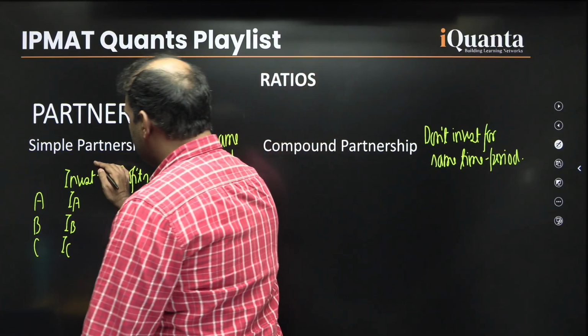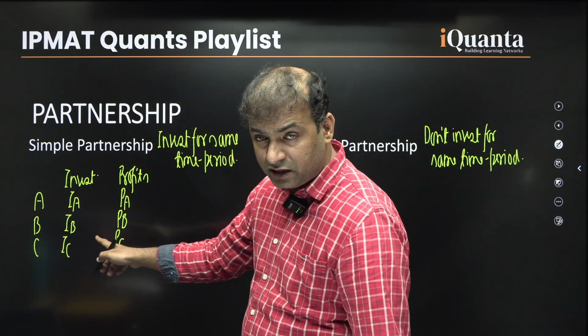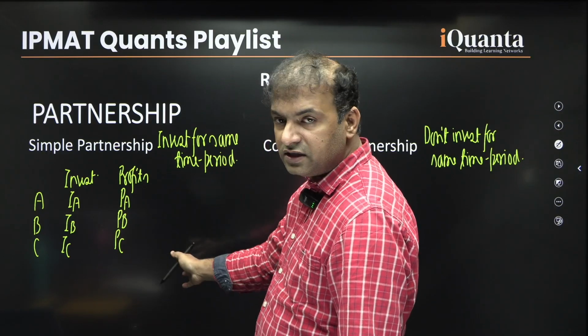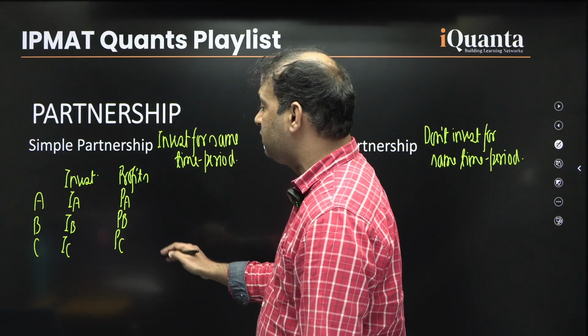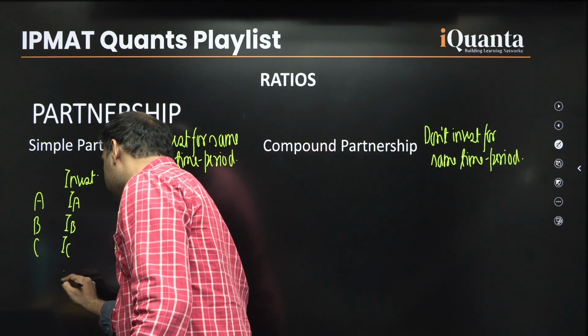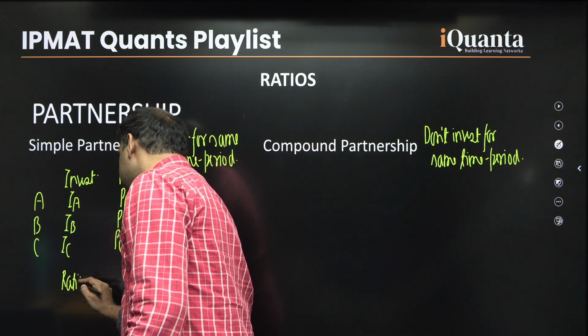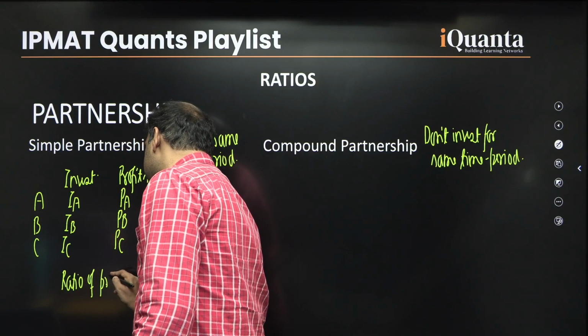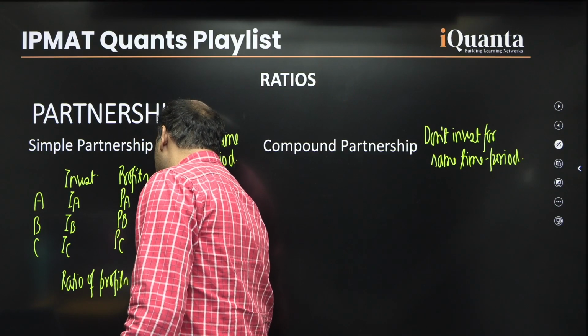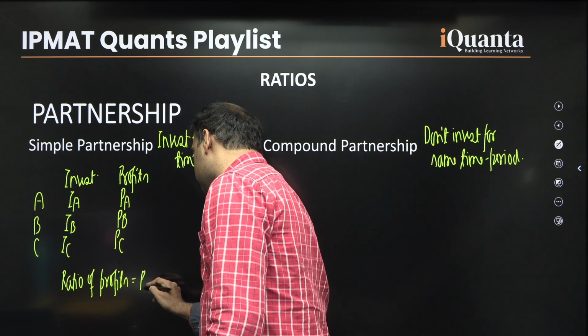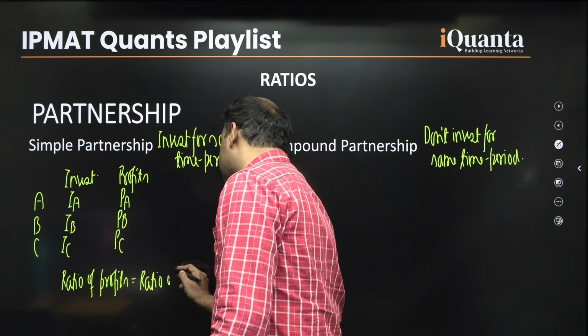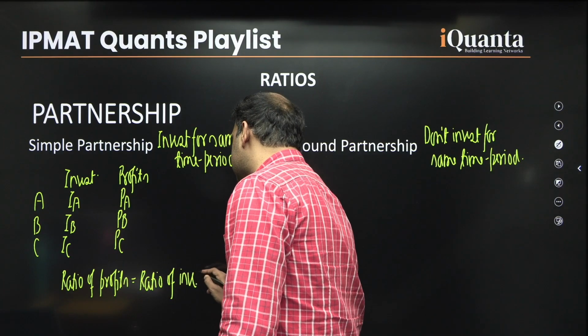All right, now guys, what actually happens in simple partnership, people are investing, getting some profit in the end. So the mathematical logic is that the ratio of the profit which people are making should be equal to the ratio of their investments. That's a simple concept, right?